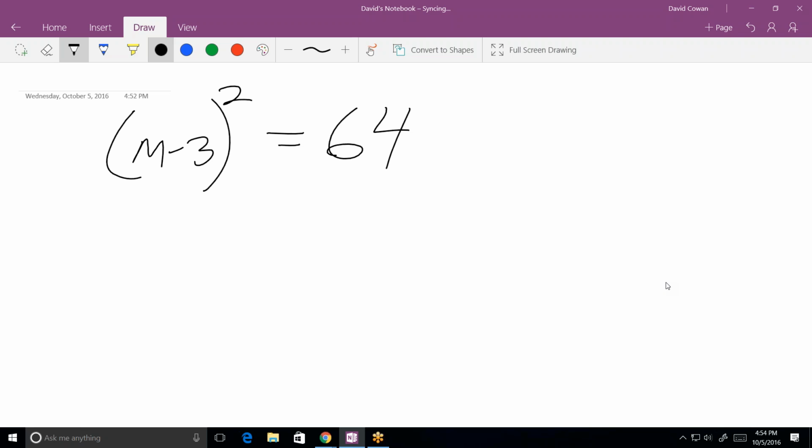Usually when you see something squared and it's all by itself on one side of the equation, then you want to take the square root of both sides. Okay. If I take the square root of the left side, I'll be left with m minus 3. What do I get when I take the square root of the right side?